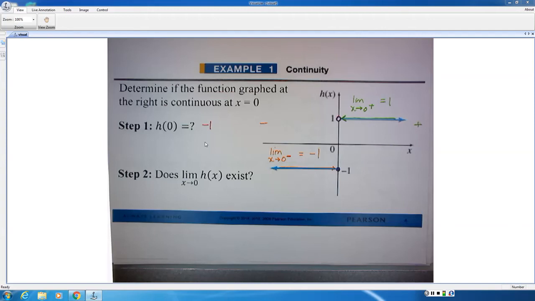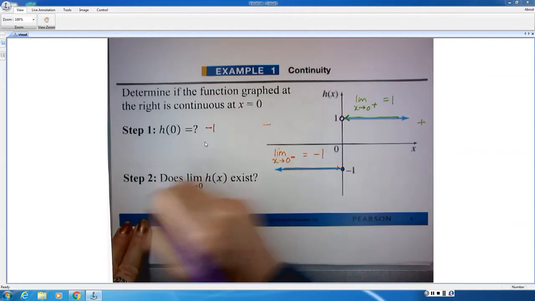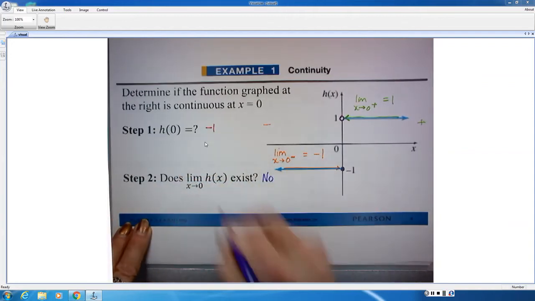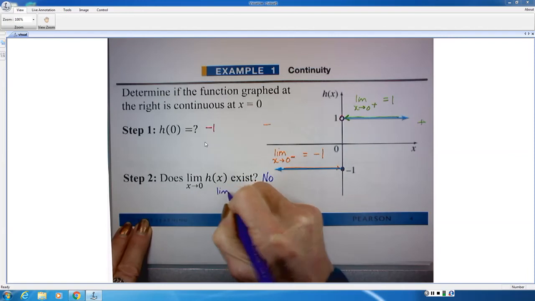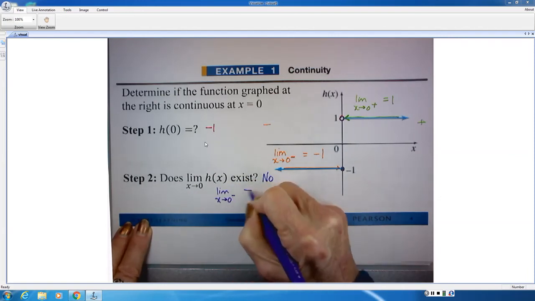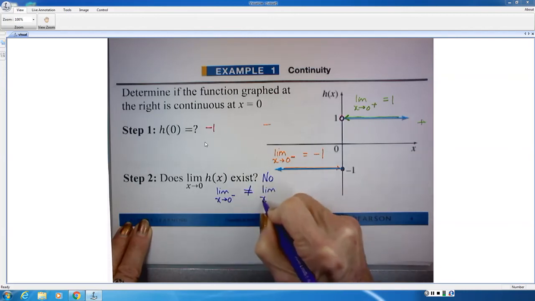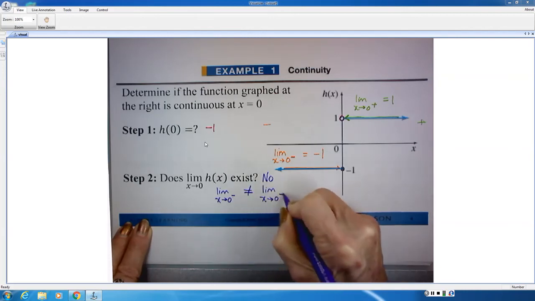Is the left-hand limit equal to the right-hand limit? No. Therefore, the answer to that question is no. And that's because the limit as x approaches 0 from the left does not equal the limit as x approaches 0 from the right.